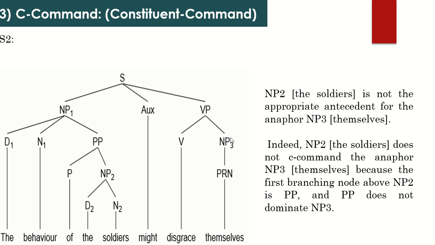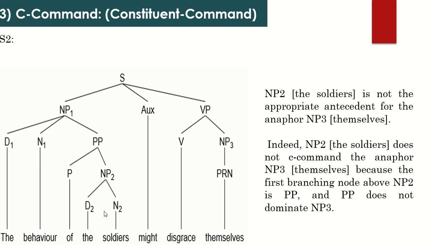Why? What is the first condition? We said every branching node dominating A should also dominate B. What is the first branching node dominating NP2? It is the PP. Does this PP dominate NP3? No, it doesn't. Hence, there is no c-command.